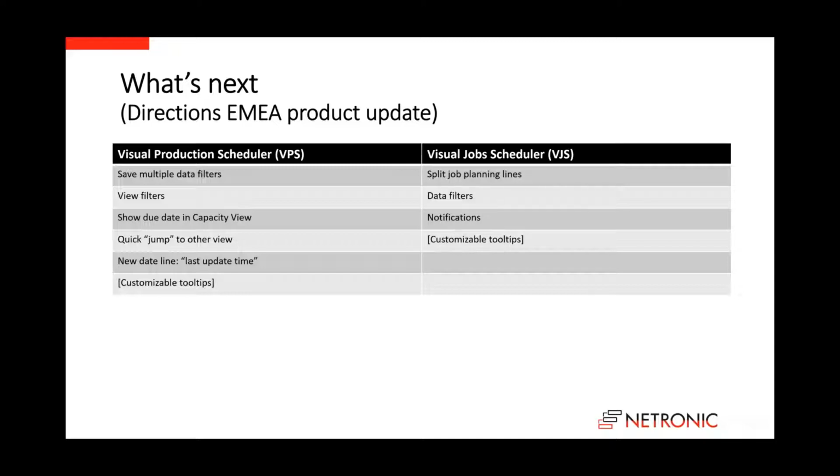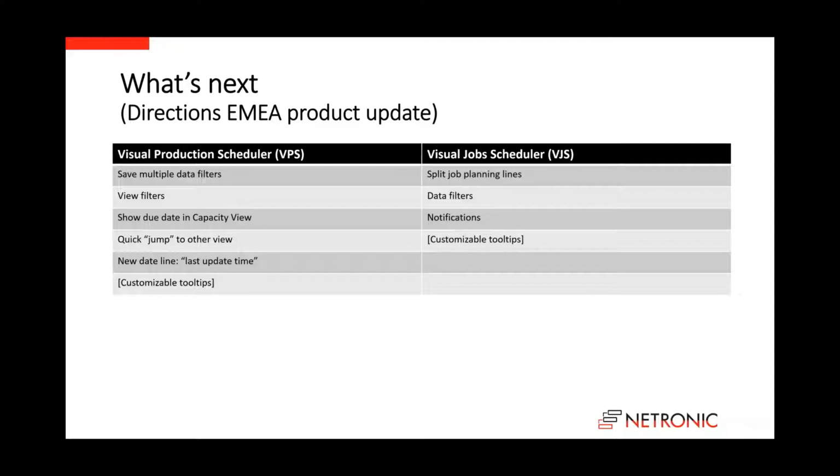And we want to introduce a new vertical date line, which is the last update time line. So a line that tells you when you last updated data with the reload button, so when was the time when you fetched the latest data from Business Central.